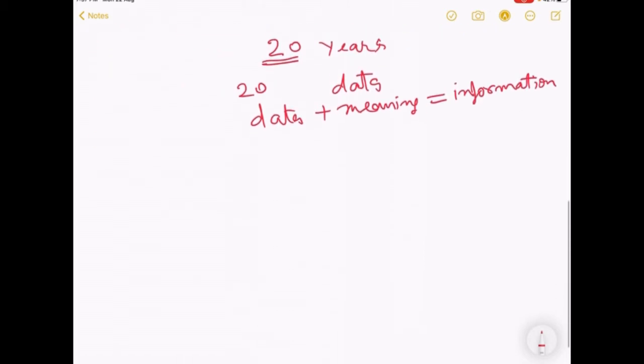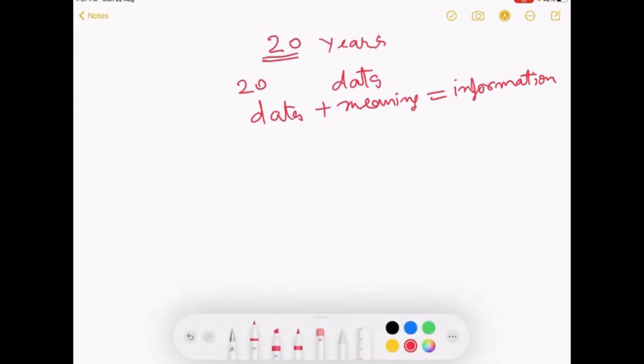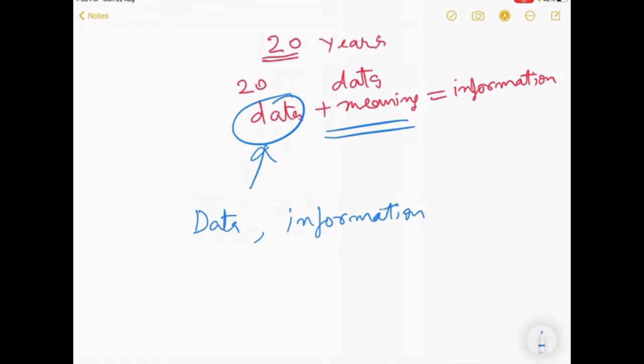So when we use the word information, that means some kind of meaning is associated, and when I say only data, that means it has either no meaning or very little meaning. Now the question arises here, how to differentiate data and information, whether we can say data as information or information as data.